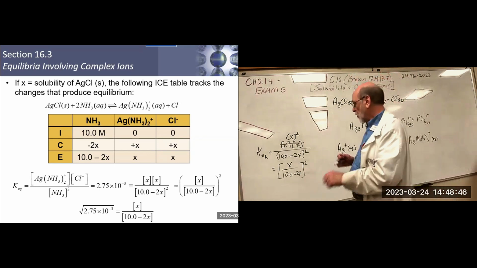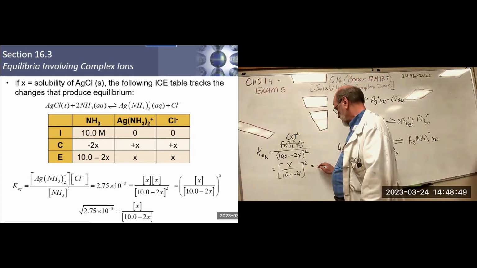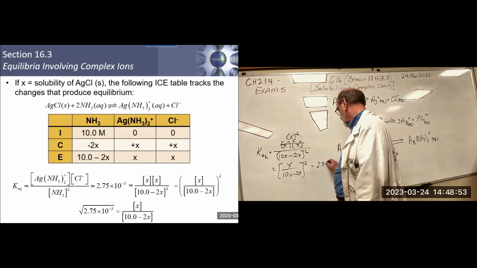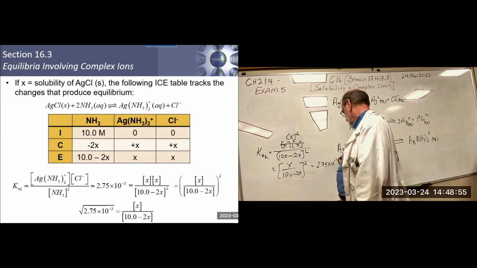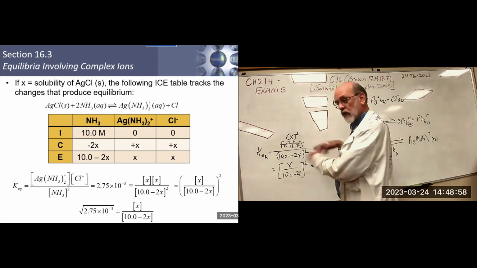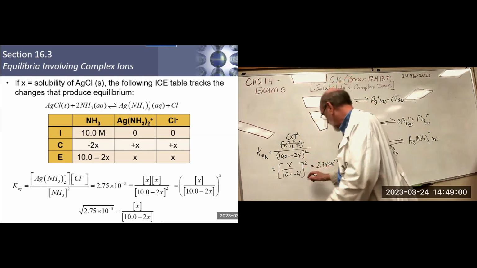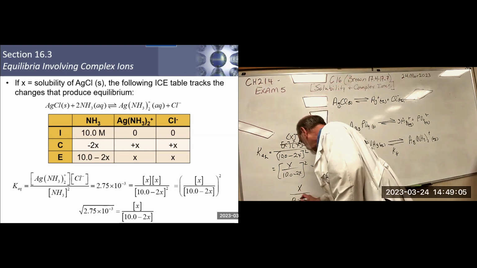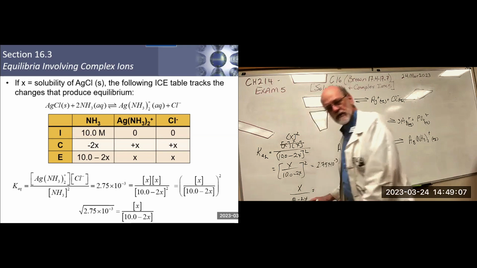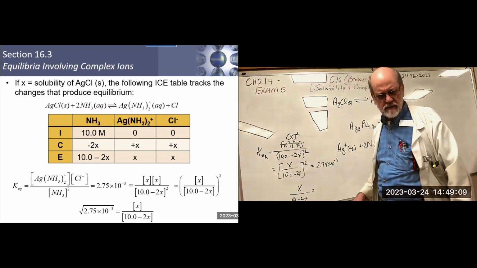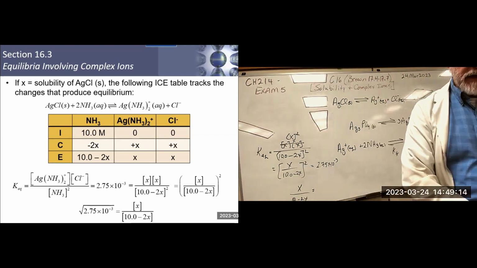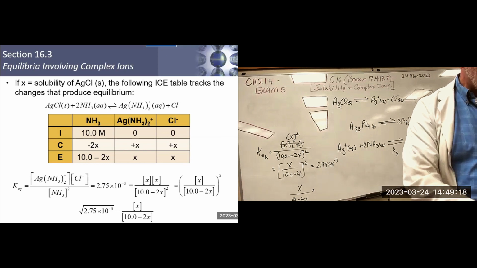Okay. So whatever the K_eq is, 2.75 times 10 to the minus 3, then we can take the square root of both sides. And that leaves us with x over 10 minus 2x is equal to the square root of 2.75 times 10 to the minus 3. Take the square root of that.